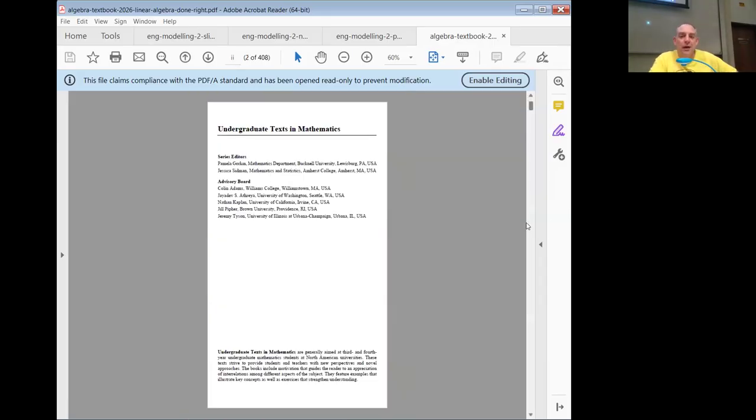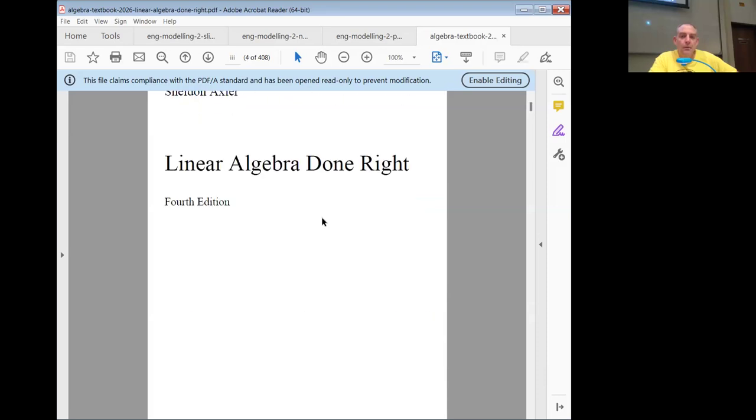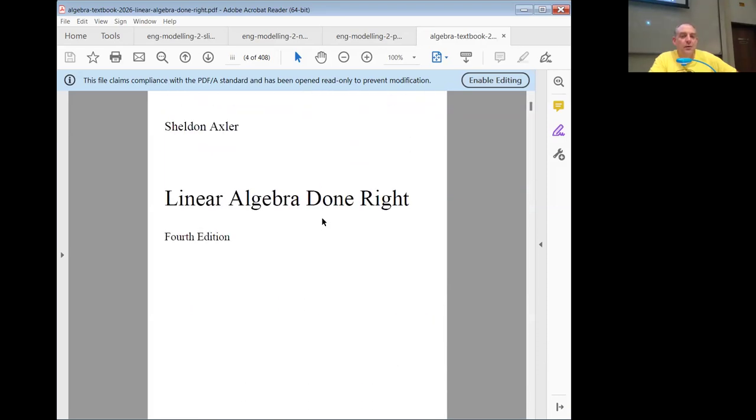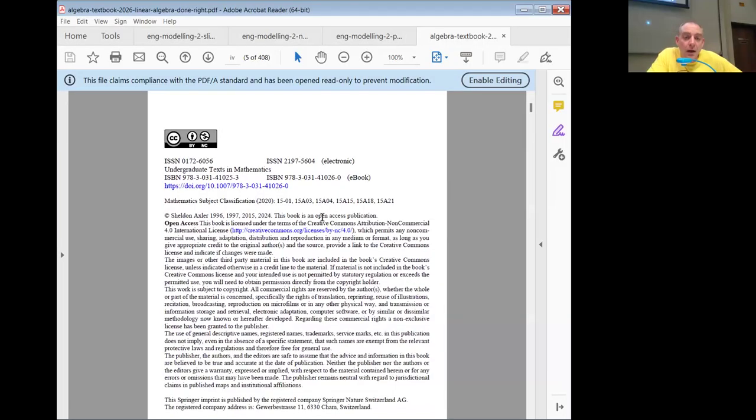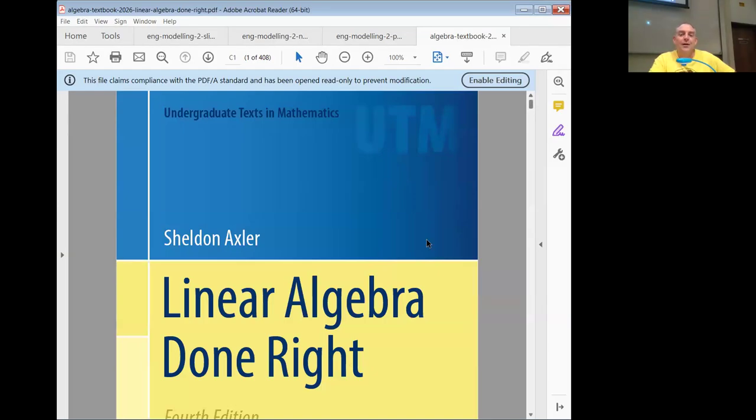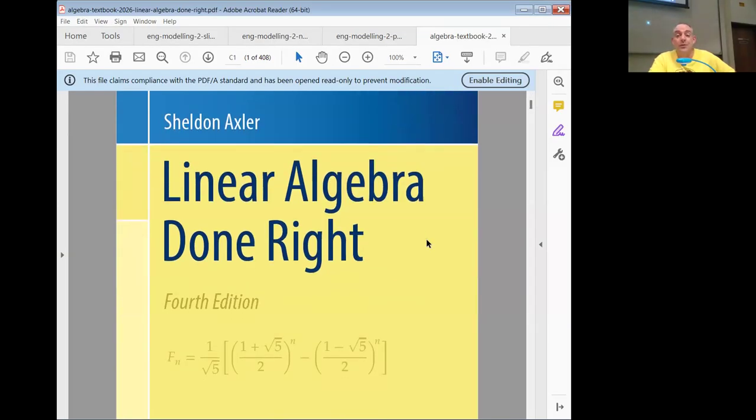This current version is the 4th edition, 2024. I think I have done my due diligence in citing my sources. This is the textbook for the course this year, and I'm sure it's a perfectly good textbook, even if whatever course you're doing called Algebra has a different textbook. You can tell he's opinionated about it by saying it's done right to begin with.